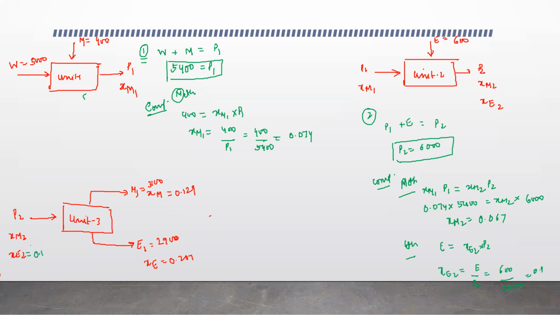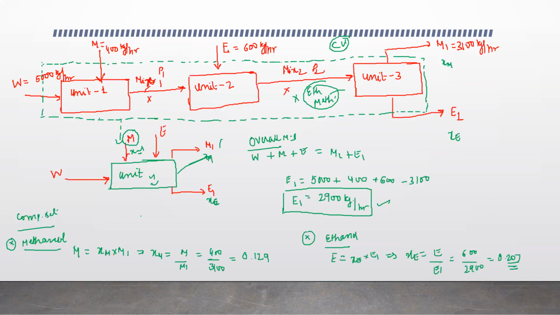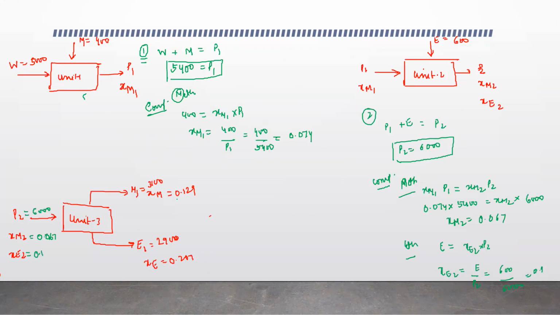So we come to the third block diagram. XE2 is 0.1, XM2 is 0.067, and P2 is equal to 6000. Now XM and XE we have already calculated from the previous green block diagram, but if we hadn't calculated them, we would have used the same component balance over here.